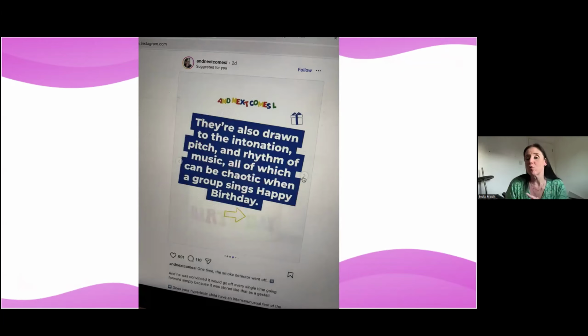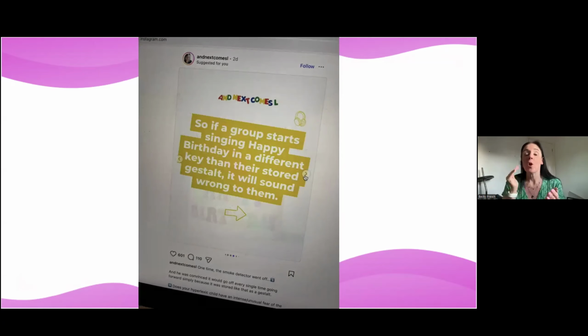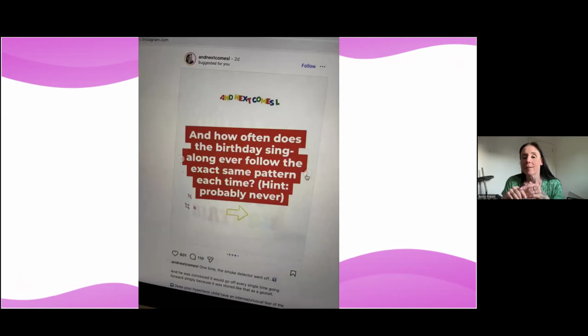They're also drawn to the intonation, the pitch, and the rhythm of music. And we know when a group sings happy birthday, that gets chaotic, doesn't it? It is a mess. We need to consider that many of these Gestalt language processors and hyperlexic kids have perfect pitch. So it can also be something much simpler. It can just be that happy birthday is in the wrong key, or a different key to that stored Gestalt, and it's going to sound wrong.